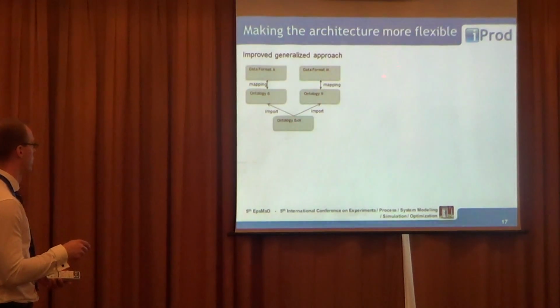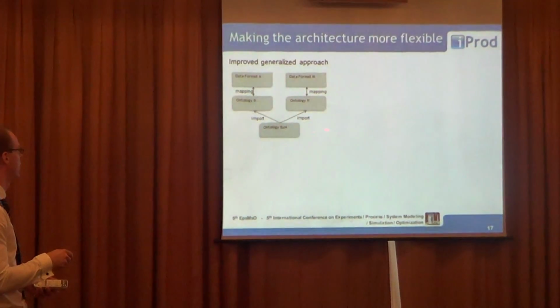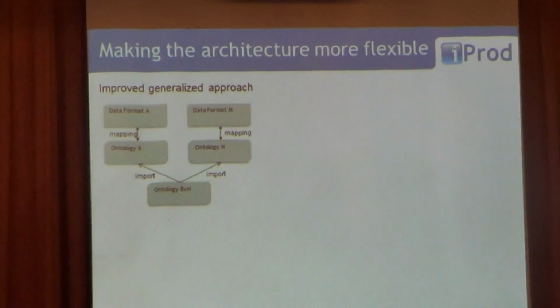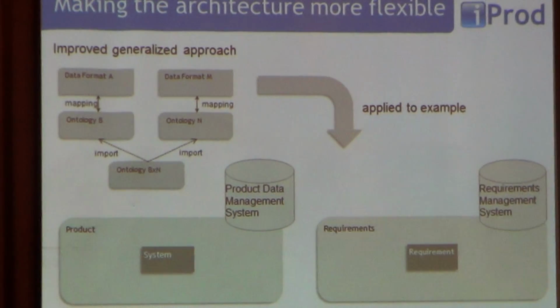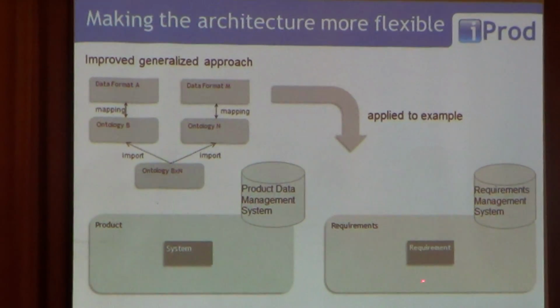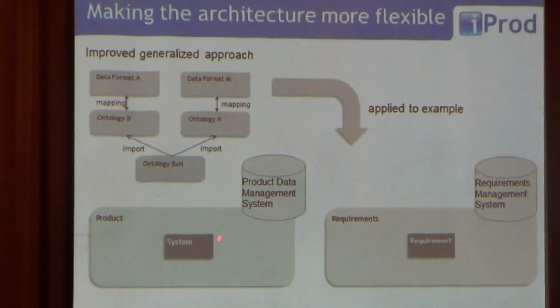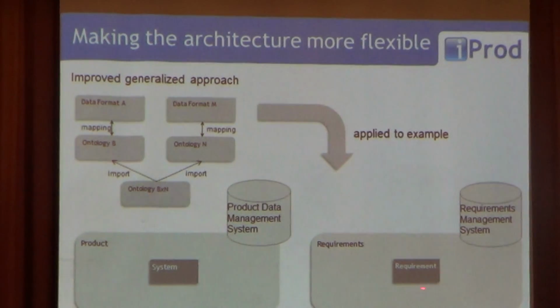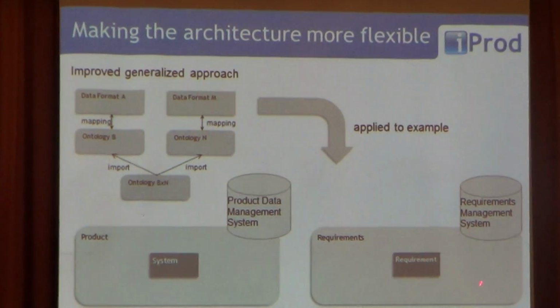If you add another third system here, you can create an ontology for it without interfering with those, and add the links here. This is just a more flexible approach. Applied to the example, that would be first, you have a product ontology and a requirements ontology. It's very simplified. Obviously, there would be more concepts in it to extract data, but let's just say for the beginning, we have these two different ontologies.